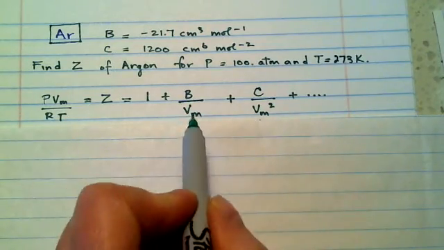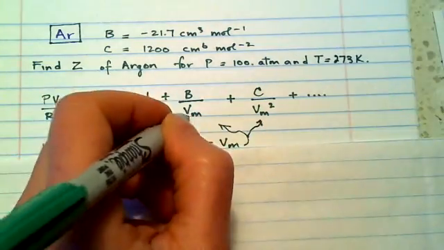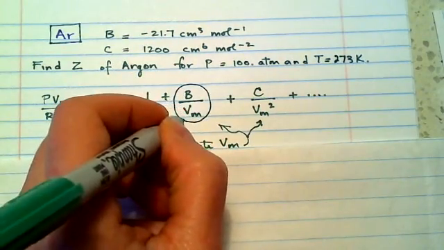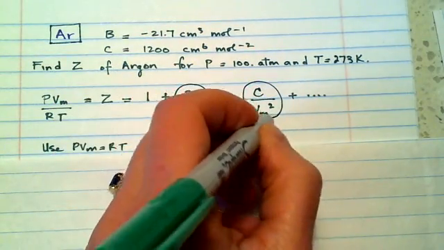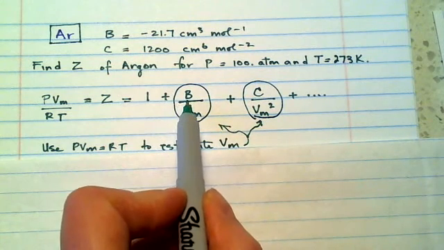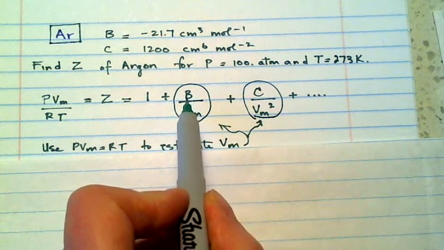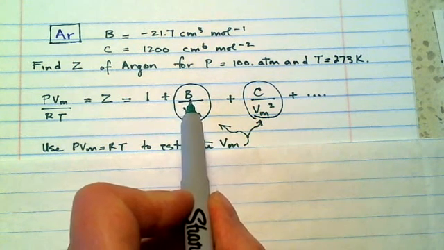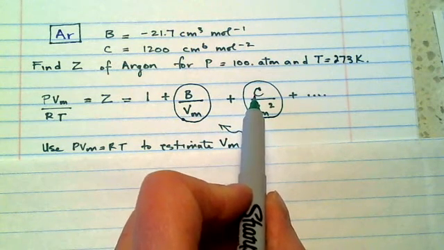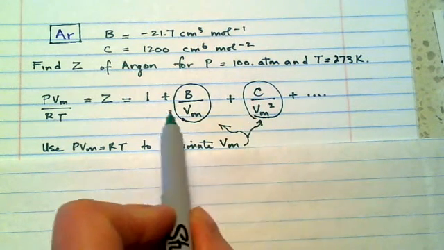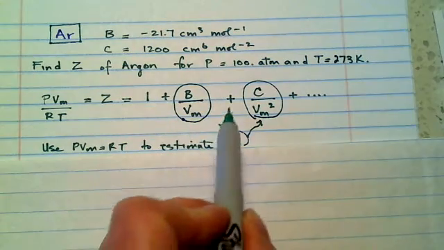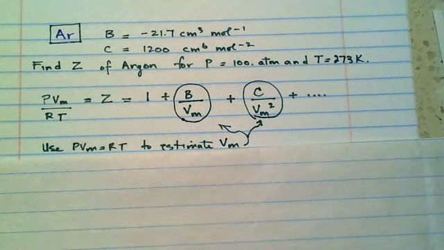So watch our terminology. This whole thing is the second term, and this whole thing is the third term. B is the second virial coefficient. This is the third virial coefficient, but this is the second term, and that's the third term. Okay, so that's what we do.